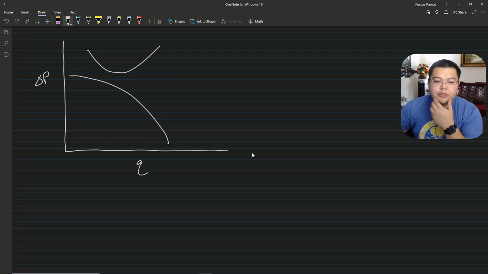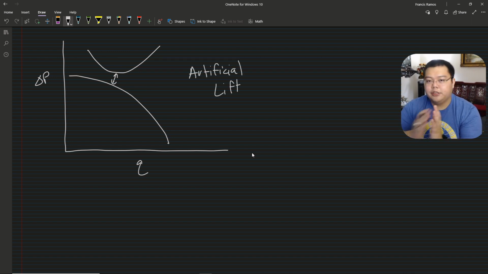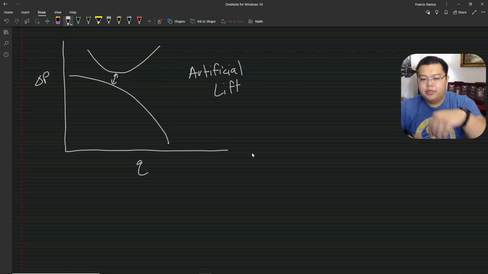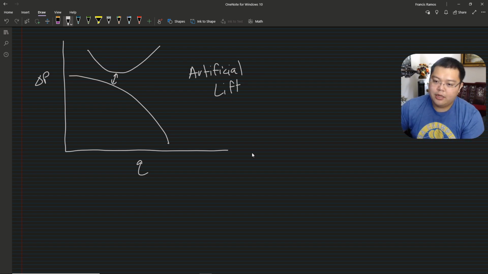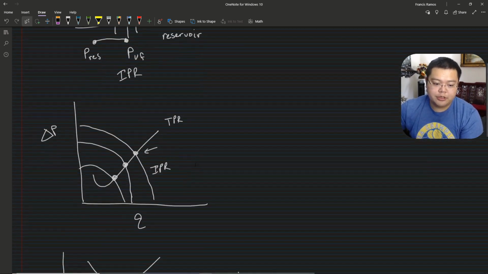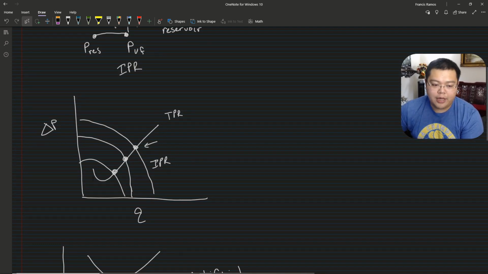How are we going to find that pressure drop that matches the reservoir pressure in your inflow with the tubing performance that you have created? The answer to that is simple: artificial lift. Because artificial lift is the technology used to help the reservoir maintain this pressure that we have up here.